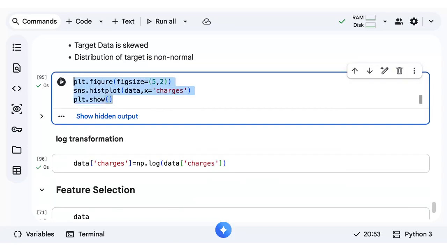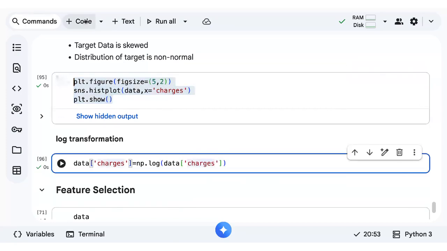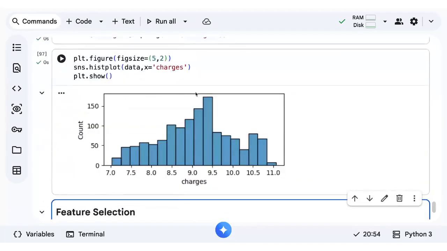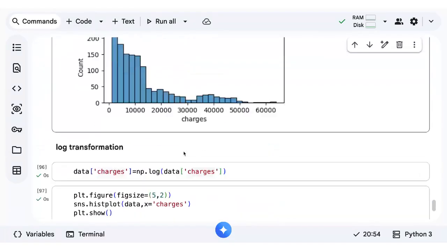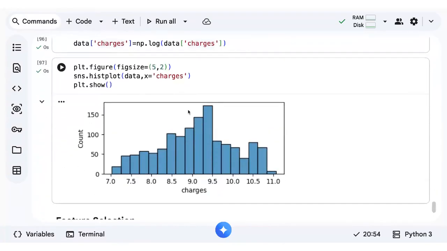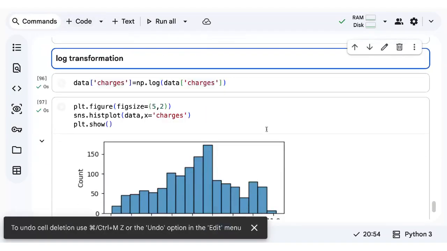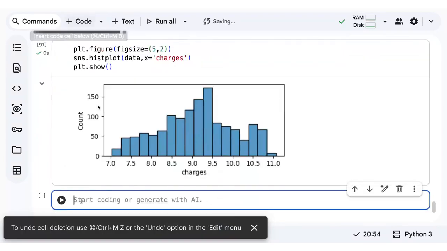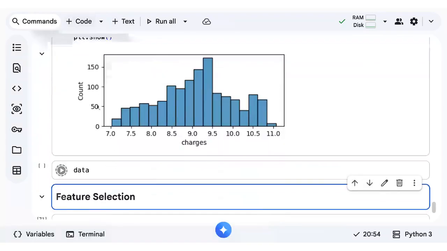Now let me plot a graph and see the difference. This was before transformation. After transformation, it looks like this. Don't you think it's somewhat normal? That's an interesting thing about the log transformation.